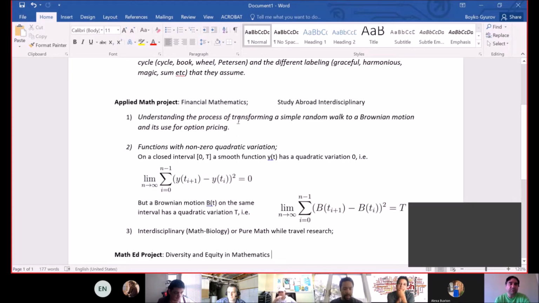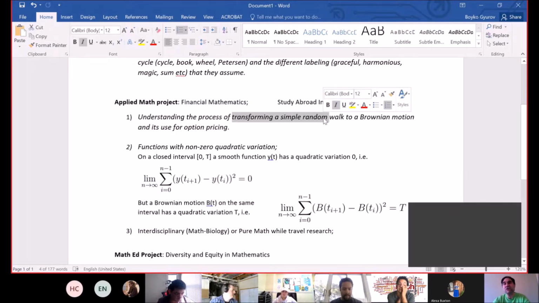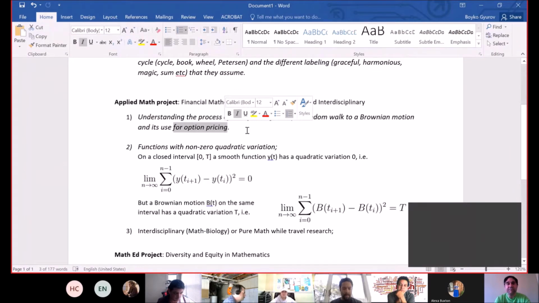So technically, I'm proposing two different directions here to study. One can be just staying in the direction of financial mathematics, so simple random walk, going to a Brownian motion in a limiting process, and then how these things are used for option pricing. That's the idea of Black-Scholes equations.